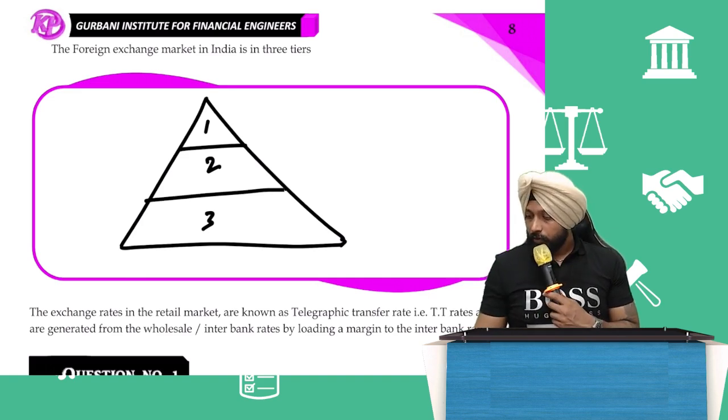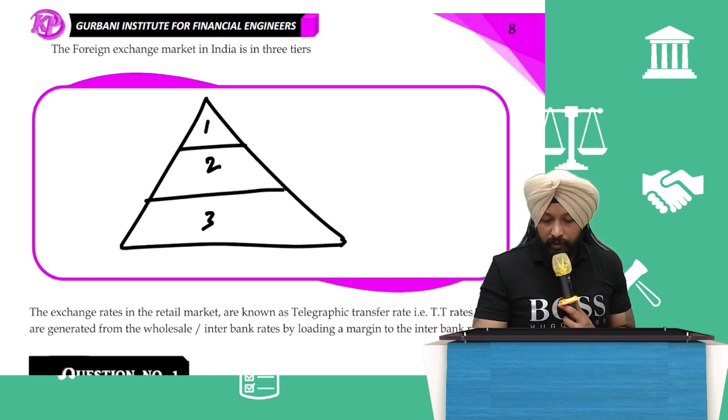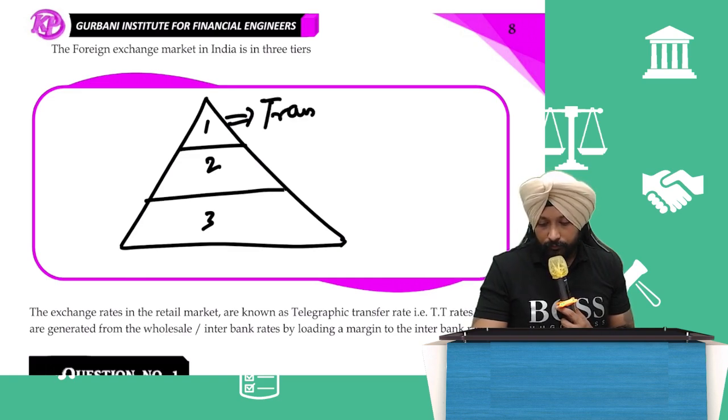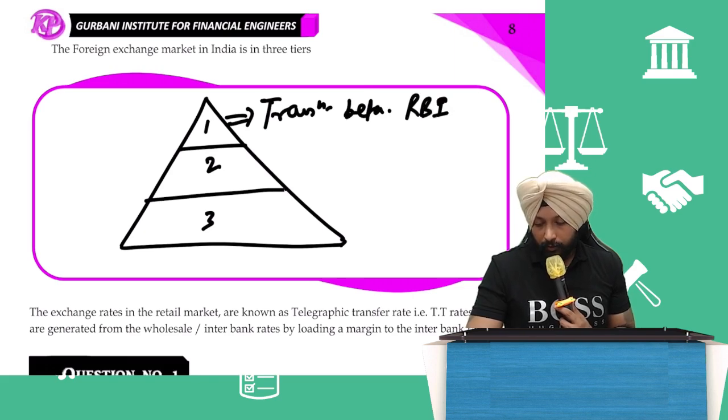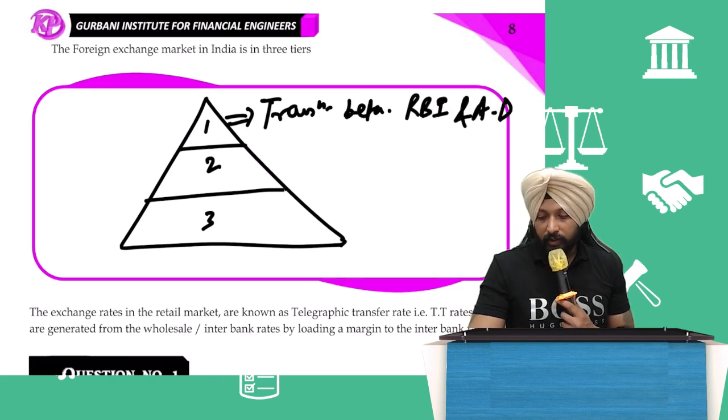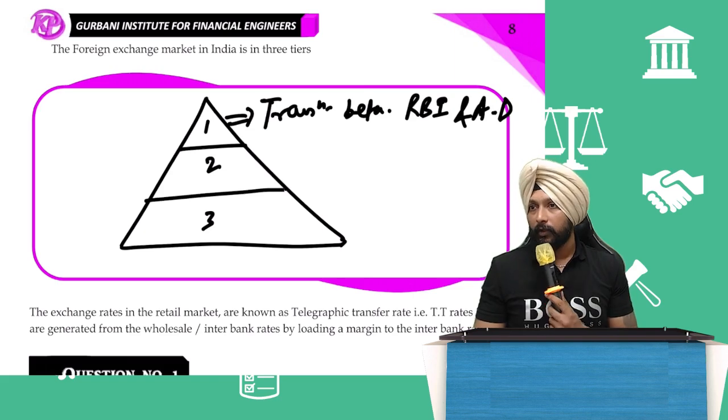Okay. So the Tier 1 market is the transaction between RBI and authorized dealers. Transactions between RBI and authorized dealers.